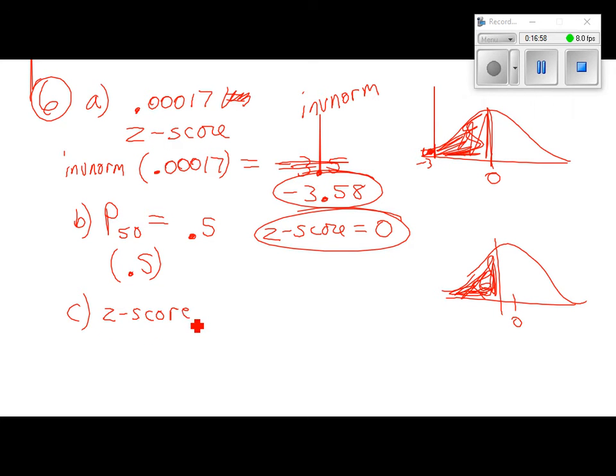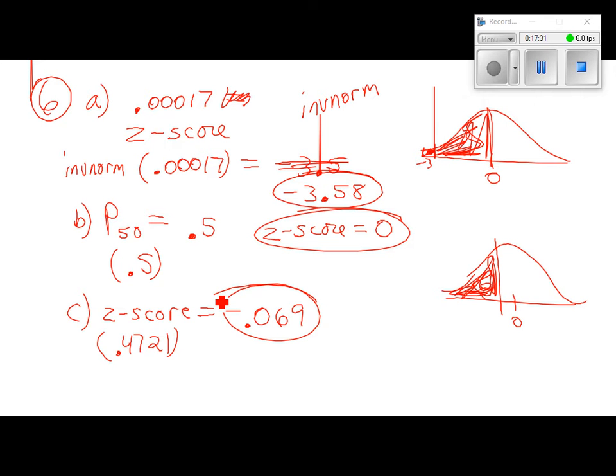All you're going to do is punch in what on your calculator? We're going to change that 47.21% to 0.4721. And then again, you punch in inverse norm, 0.4721, should tell you the answer. Negative 0.069. Does it make sense?